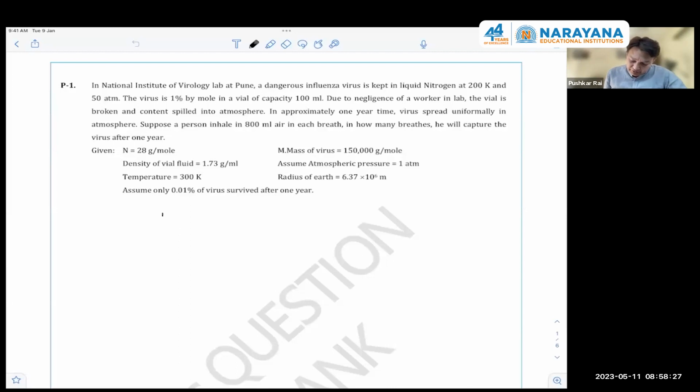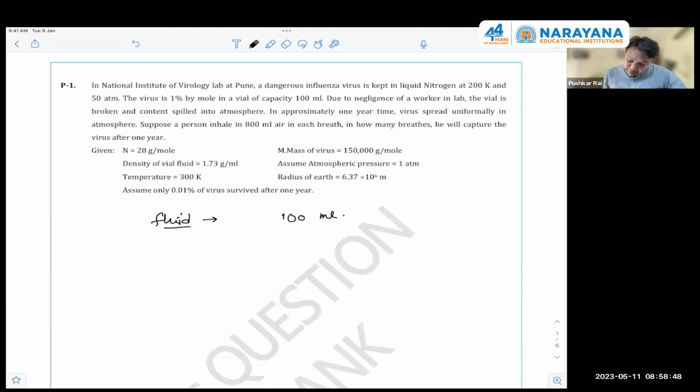So this question is based on two parts. First there's a fluid. So why will we not take it as an ideal gas? We'll take it as a fluid because you see the volume of this fluid is given, 100 ml. And I think density must be given.